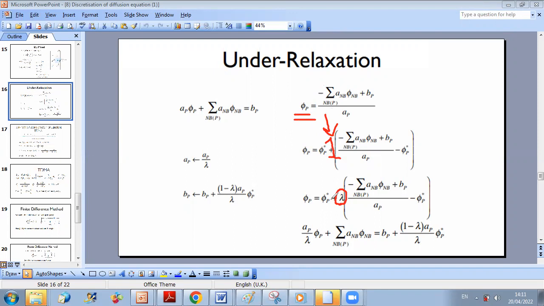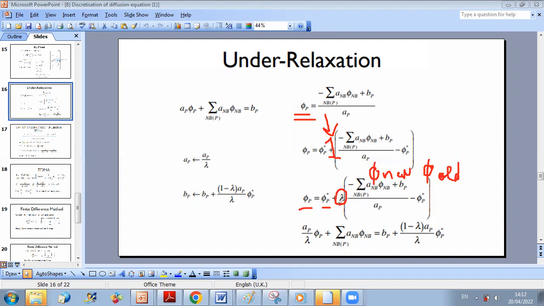If I take under relaxation, I can define phi p as phi old plus lambda, which is a fraction, times phi new minus phi old. And if I want to do over relaxation, I use lambda larger than 1. So this is the idea.